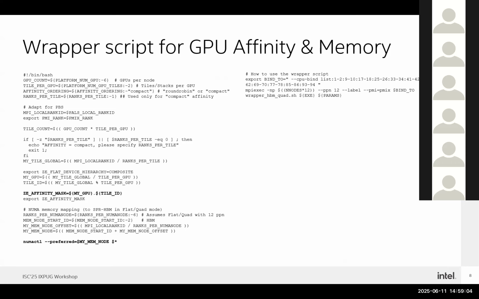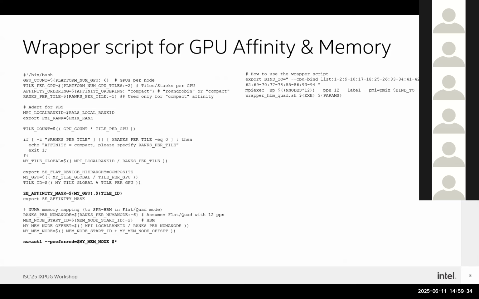And then the $@ is the rest of the arguments passed to it. So on the right is how you would use it. You set the CPU ID list and call mpiexec using the CPU ID list. Then you invoke the wrapper script, and the application binary as well as parameters are passed after the wrapper script. The wrapper script will grab the stuff after it and then execute that with numactl.